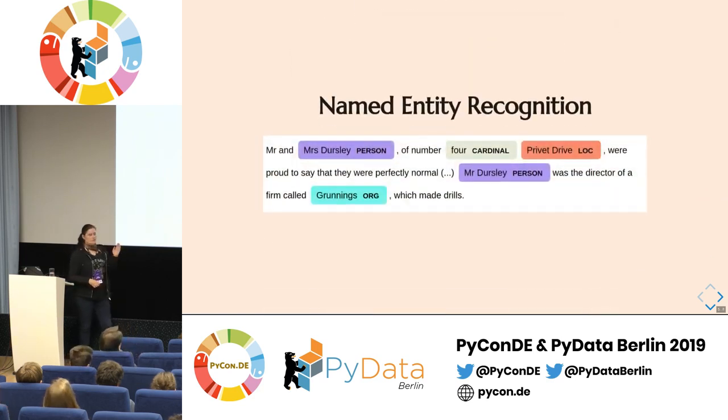The other solution is, of course, to use things like named entity recognition, which is available in off-the-shelf libraries like spaCy, for example. They can catch a lot of different things: persons, locations, organizations, and you may want to replace them with a given token.